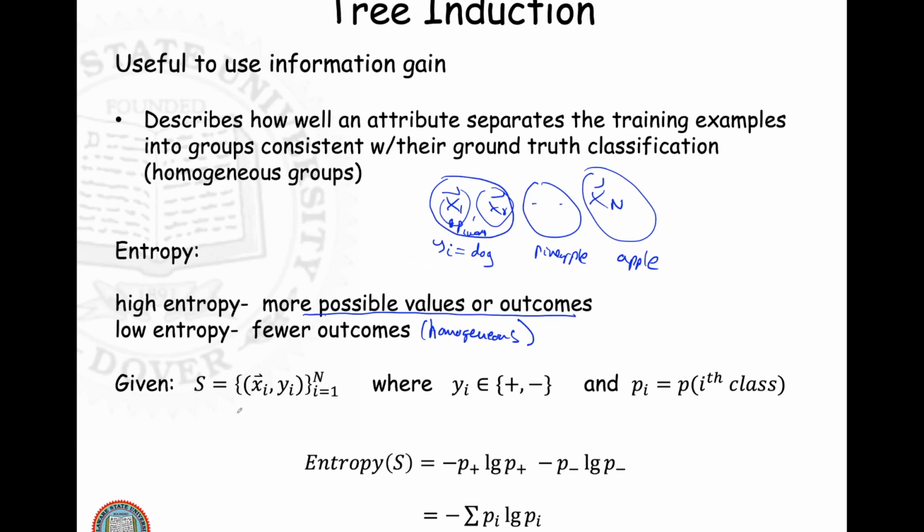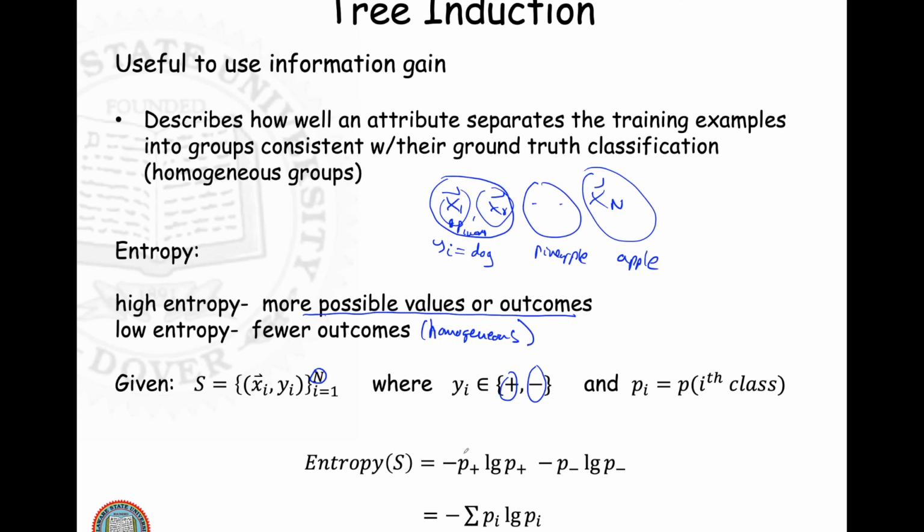And so you're given your label-instance pairs for your data set, all n of them. And let's assume the case where you have a binary class label, the +1 examples and the -1 examples. And let's assume pi is the probability of the ith class. So you have a probability of the plus label and a probability of the minus label. So the entropy of your data set is then the weighted sum, the expected log probability.